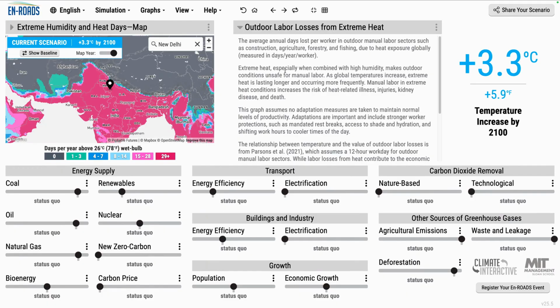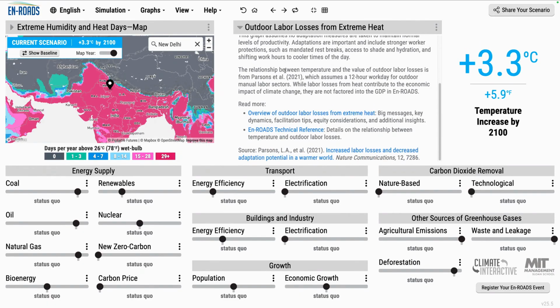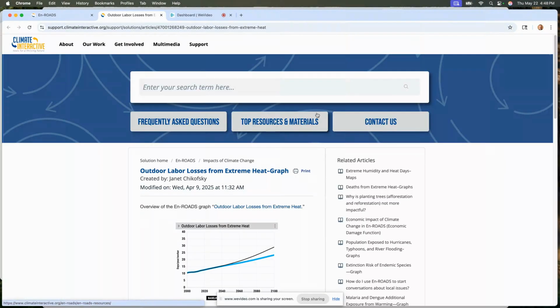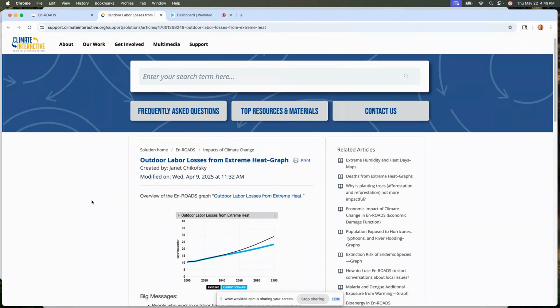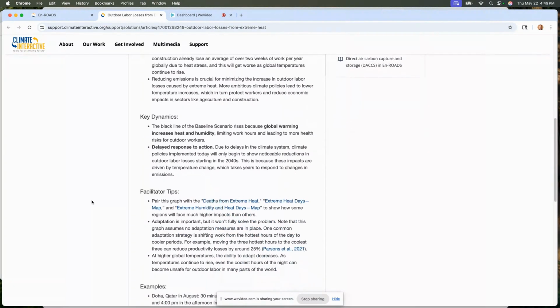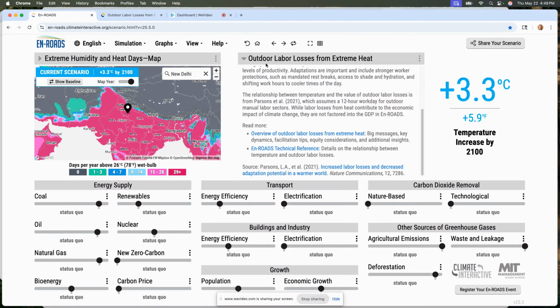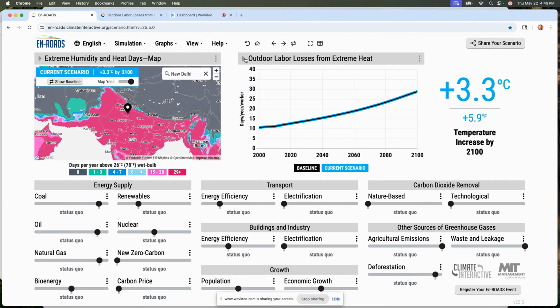Know that you can always click on the triangle, read about it, and see what is the source. You could pull up the paper that this is based on. You can also pull up more explanation in the FAQ area of our support page and read what is here about big messages, key dynamics, and tips. There is more information that you might want to have about this issue.